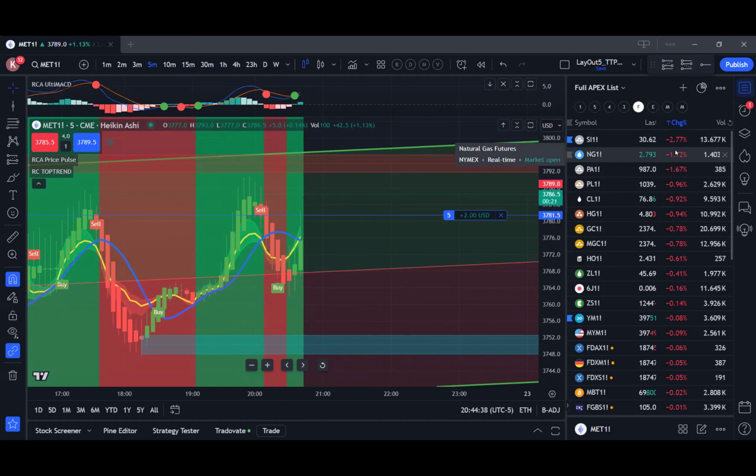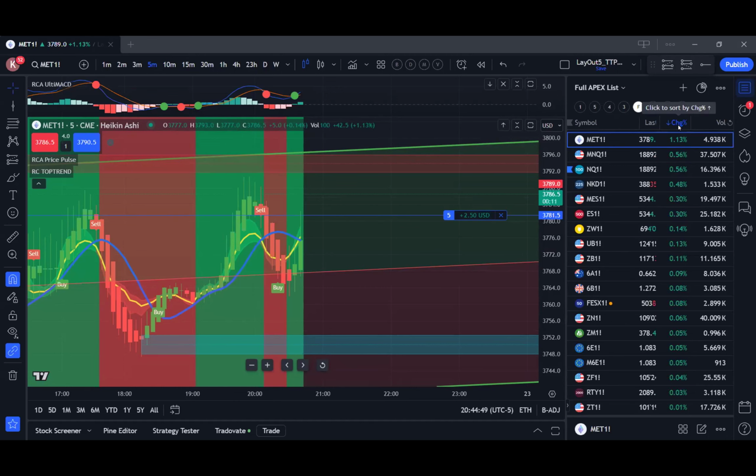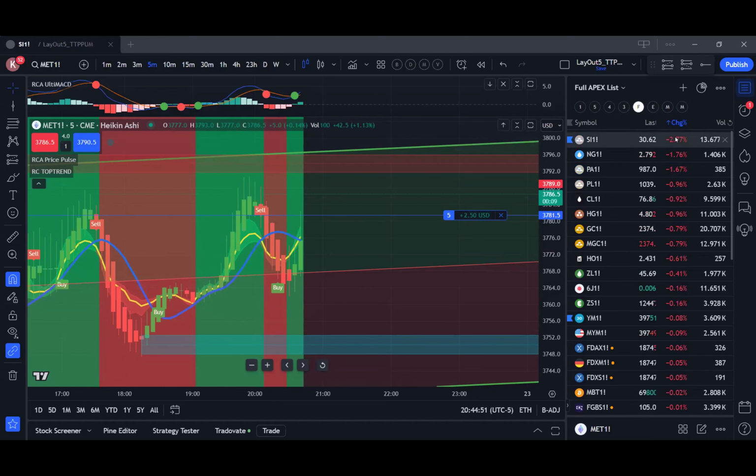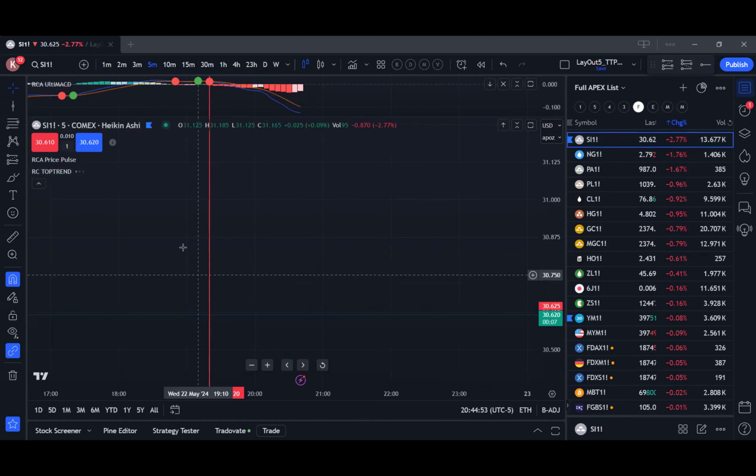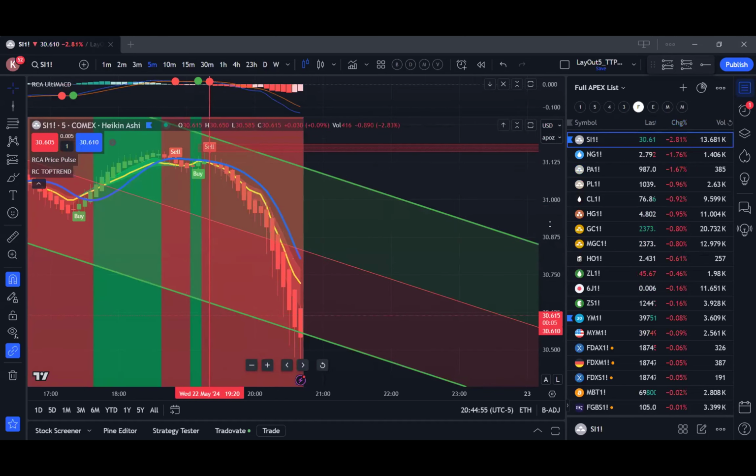Now, whenever you get a sell on crude oil or GC or silver or platinum, then again you can make some good profits. So you just wait for the sell signal. Even though you get a buy signal, just avoid it.